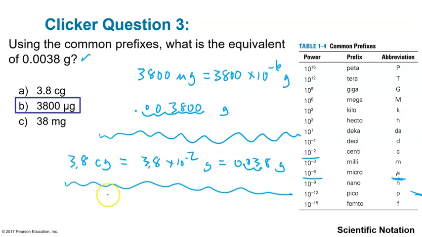And then the last one, 38 milligrams. So it's 38, and I go over here for milli. It's right here, 10 to the negative 3 grams. And how do I do that? Well, I write the 38, and I go 1, 2, 3. So it's 0.038 grams. It's the same one we just did, but again, it's not the one that we're looking for.